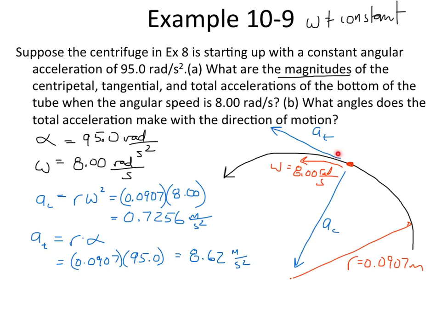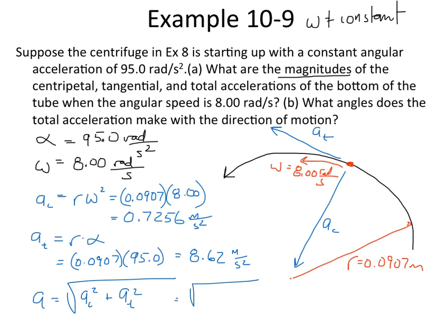And the total acceleration, so just A, what would that be? We have these at right angles to each other. Here's centripetal, there's tangential, and so we're going to use our Pythagorean. That's going to be the square root of A_t squared plus A_c squared.